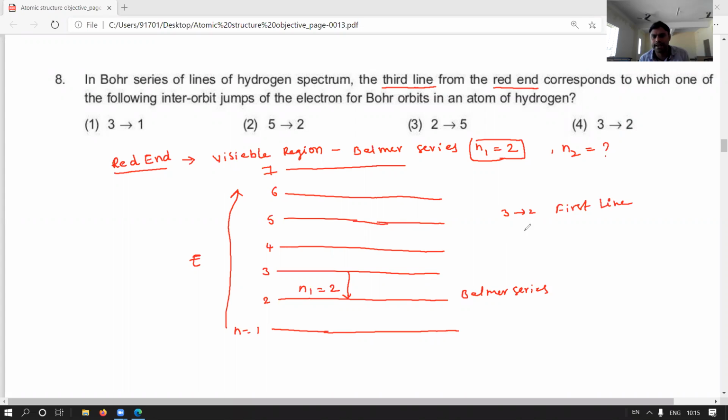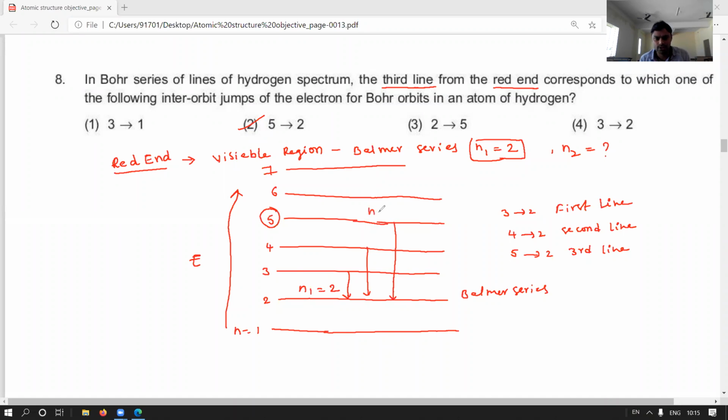But they asked for the third line, so what is the transition for the third line? 4 to 2 is the second line. 5 to 2 is the third line. So the transition is 5 to 2. This is the third line.